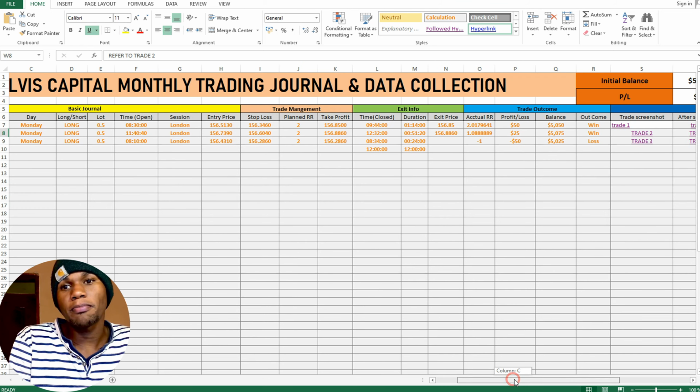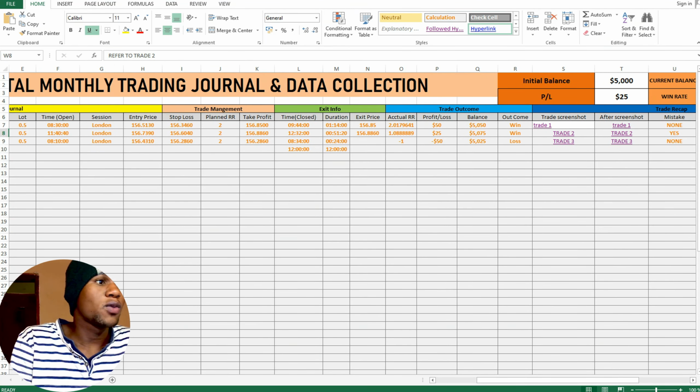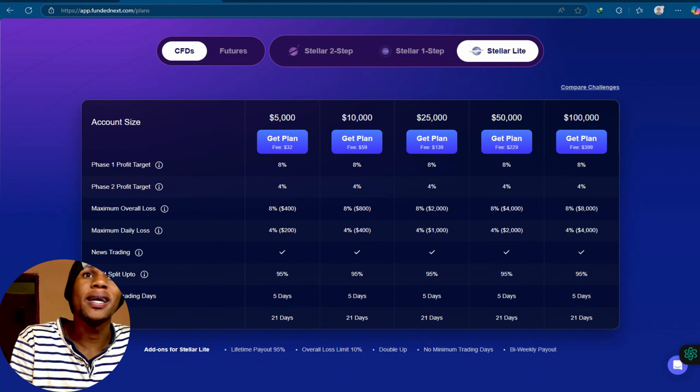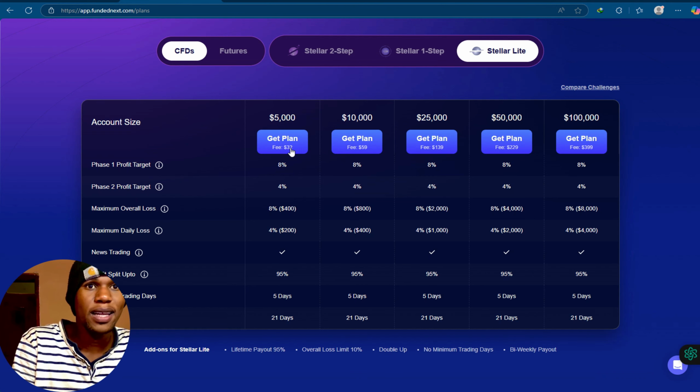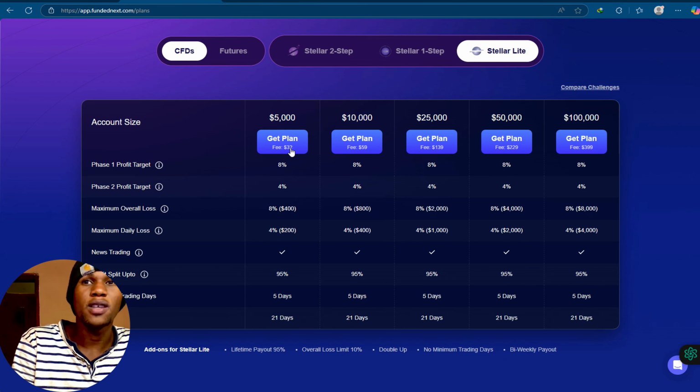The other thing is that for us to pass these challenges, you need to be really disciplined, because that's the main thing over here. So we shall first go for this $32 account, which is the $5,000, and later on, as we go on. I've tried this about 2 times and I've been failing. The reason I've been failing is that I've been greedy.